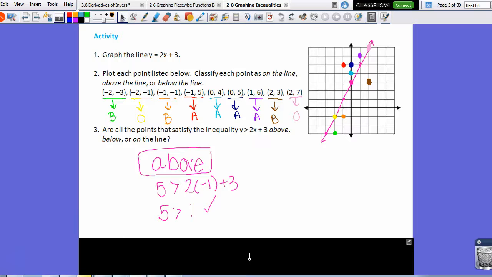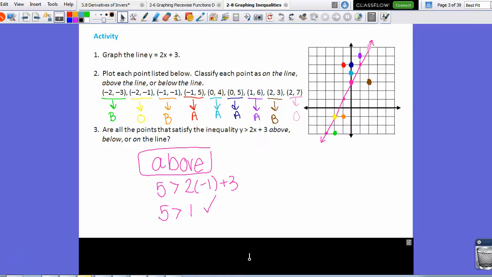Could it be like all points that are above and on? Not on, because I picked a point that was on, and that gave me -1 greater than -1. Like say for instance, if it's another example, could it be on and above? Yeah, so when do you think on would be true? And above would be true? What would have to change about that inequality to make on and above true?